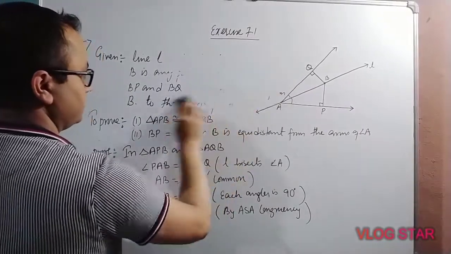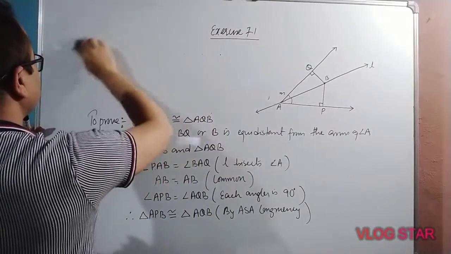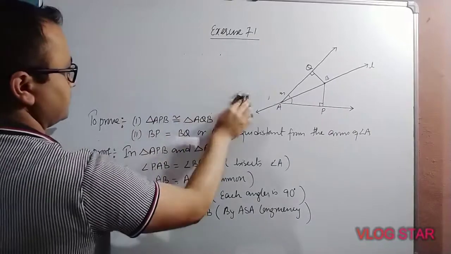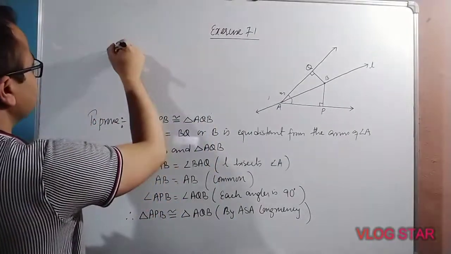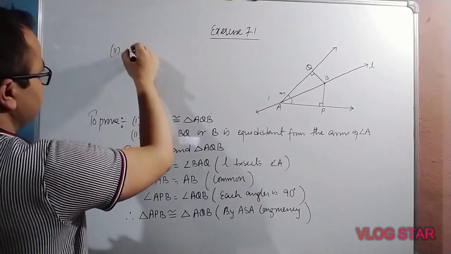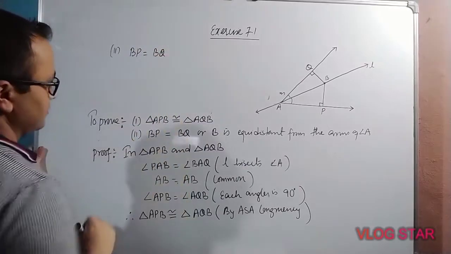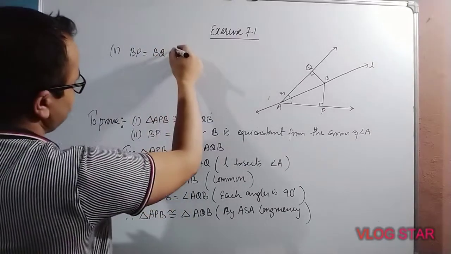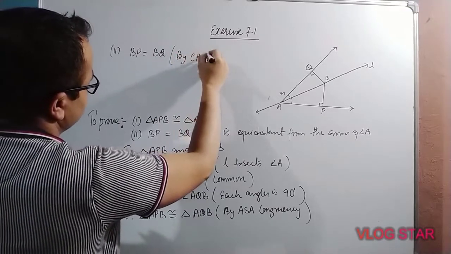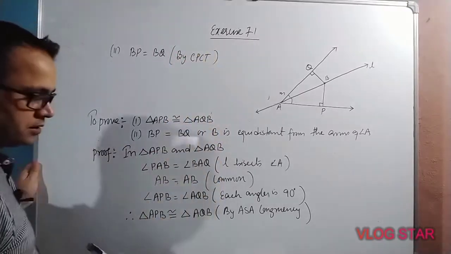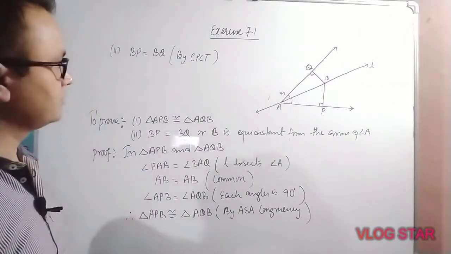For number 2, we can simply write BP equals BQ. The reason is CPCT. CPCT means corresponding parts of congruent triangles.